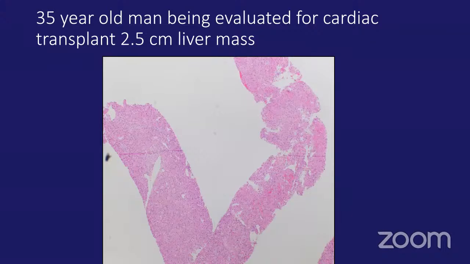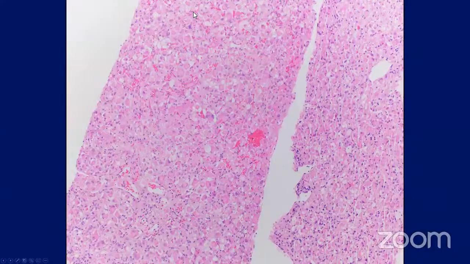Then this is a 35-year-old man who was being evaluated for cardiac transplant and was incidentally found to have a 2.5 centimeter liver mass. If you look at lower power, you see this lesion. It's got eosinophilic cytoplasm, and if you look at it briefly, you would think that these are hepatocytes. Again, a higher power view of the same lesion.